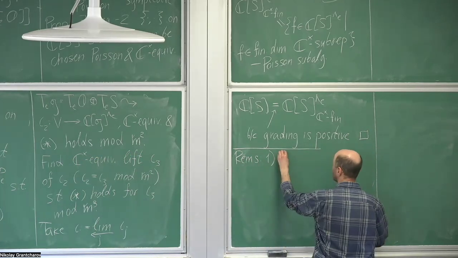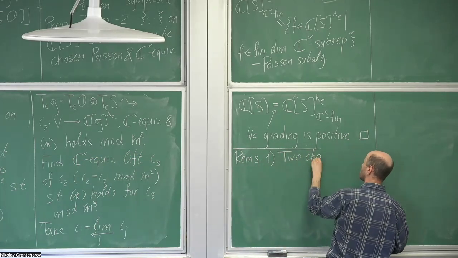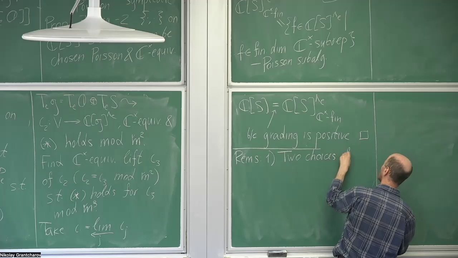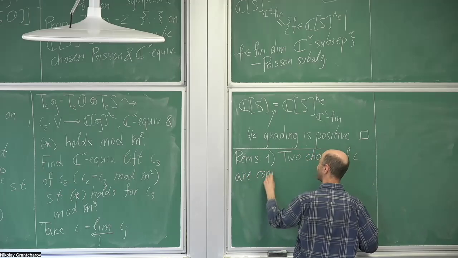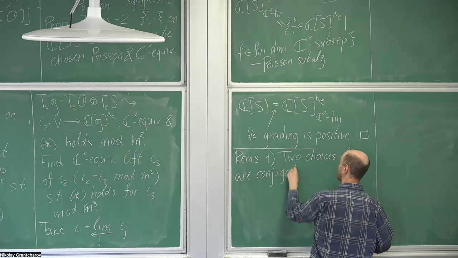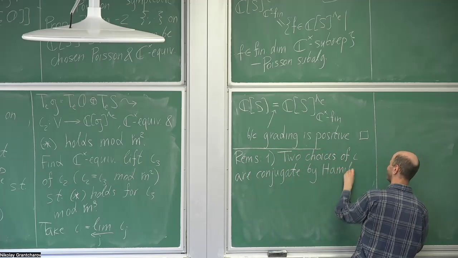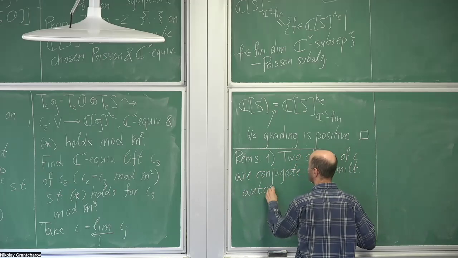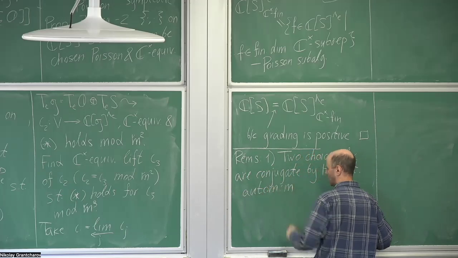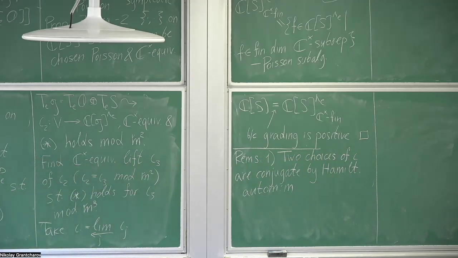However, any two choices of iota are conjugate via a Hamiltonian automorphism, and you can choose it to be degree preserving. In particular, the Poisson bracket is well defined up to isomorphism.